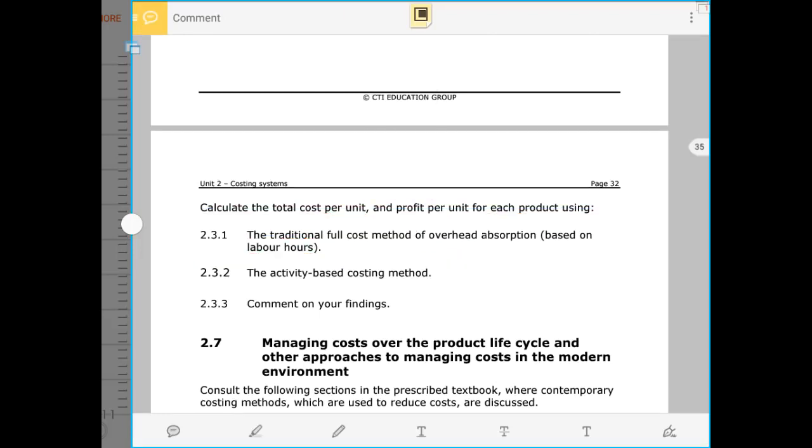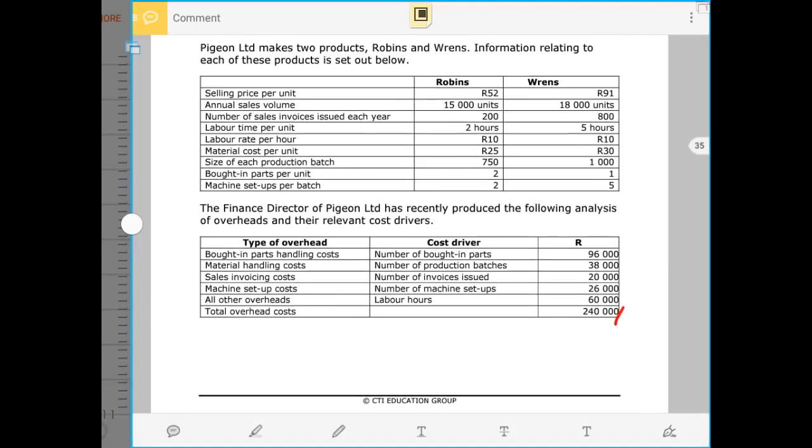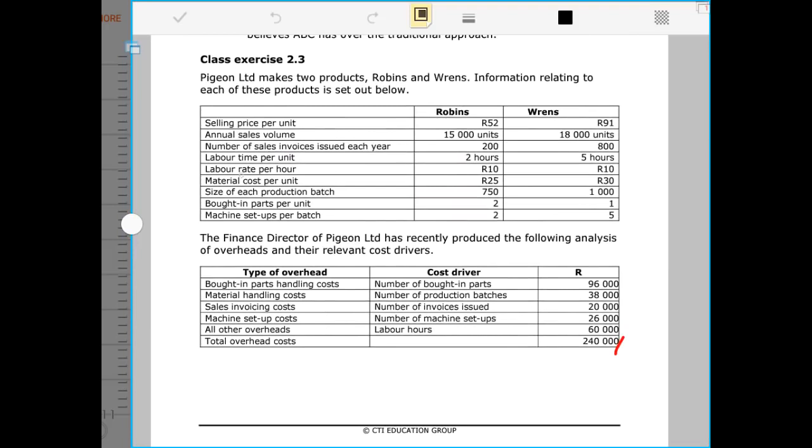So now that means our total overheads that we see here as 240,000 rands, we have to divide by the total labor hours that is given to us. In fact, we have to calculate, because we do have labor time here, which is 2 hours per unit and 5 hours per unit.